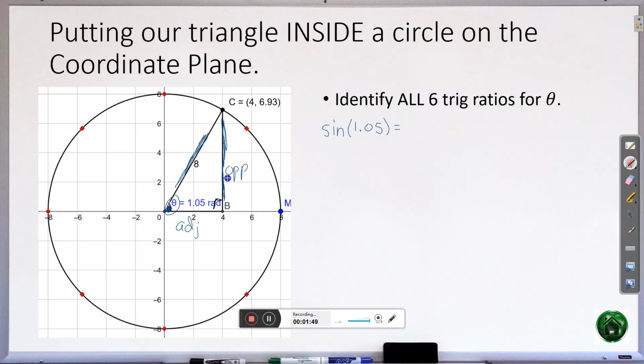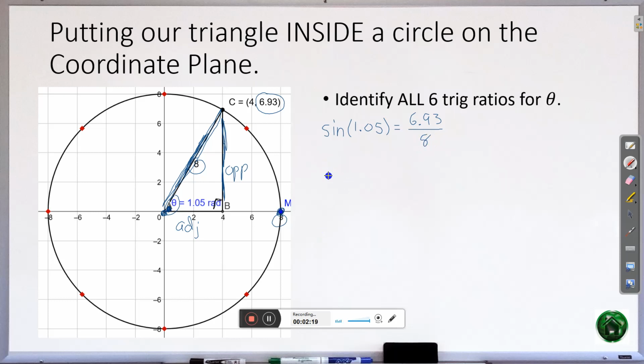So the opposite is our vertical, which is how long is this side? Well, that is the same as our y value. So it's 6.93 divided by the hypotenuse. Well, that's this edge right here. And that happens to be the radius of our circle. It is labeled here as 8, but you can also see that our radius goes from the middle out to the edge, which is 8. So our radius there is 8.